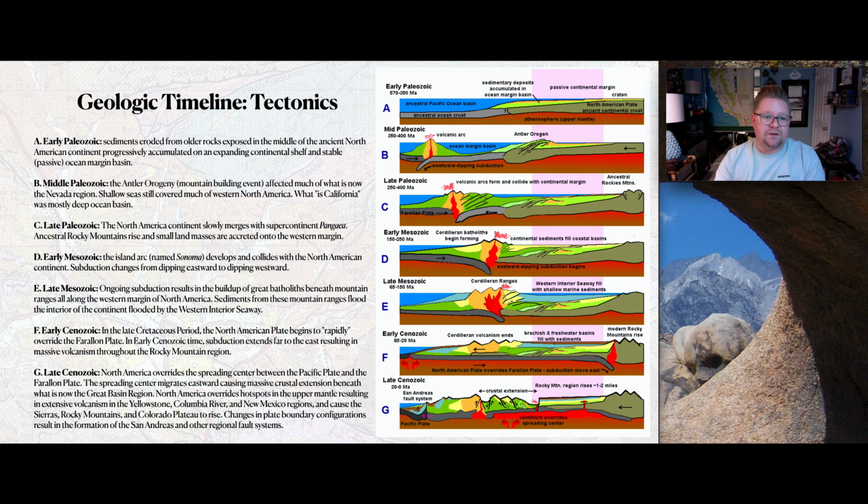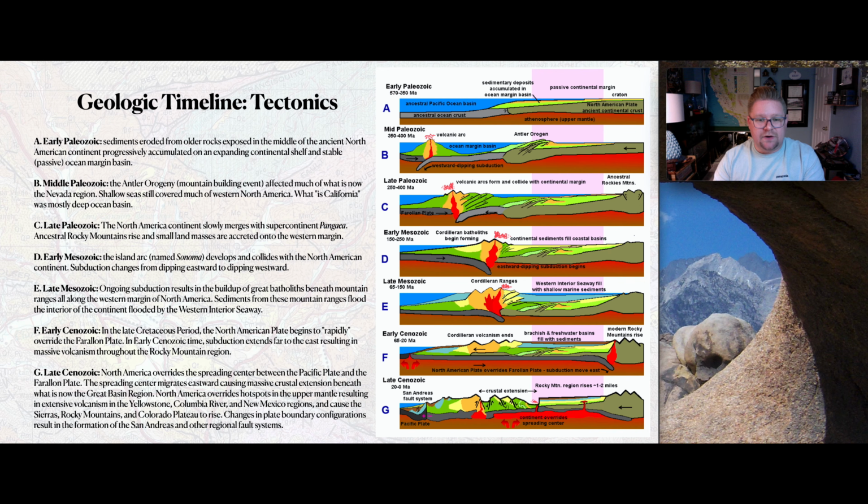Ancestral Rocky Mountains rise and small land masses are accreted onto the western margin. During the letter D, during the early Mesozoic, about 150 to 250 million years ago, the island arc named Sonoma develops and collides with the North American continent. Then subduction changes from dipping eastward to westward.